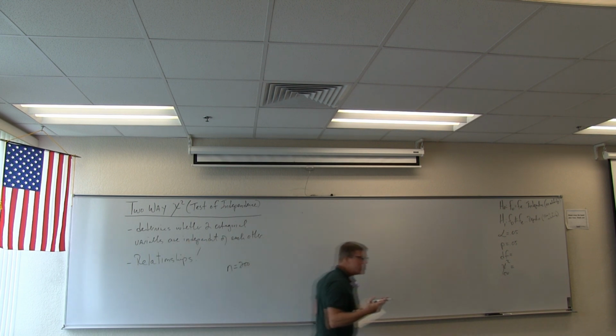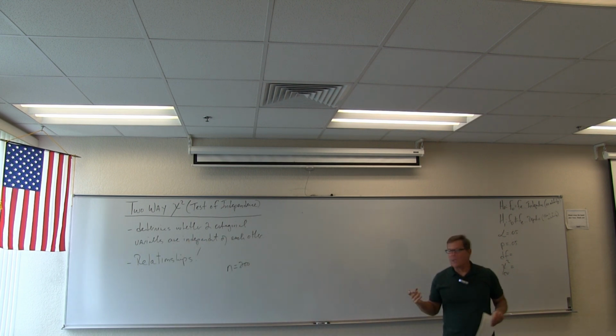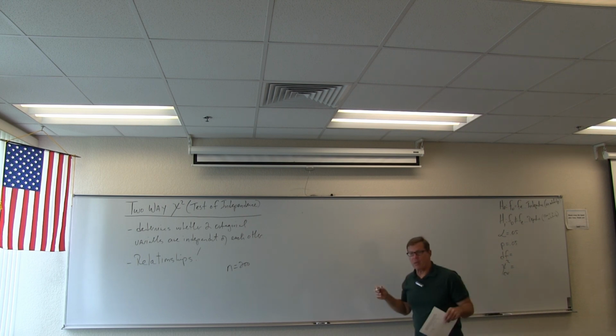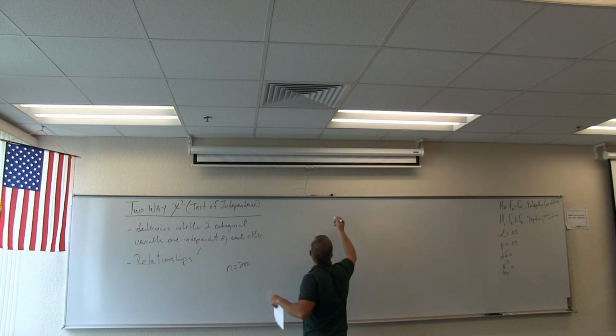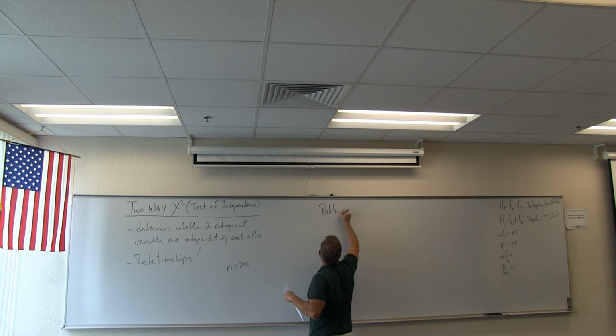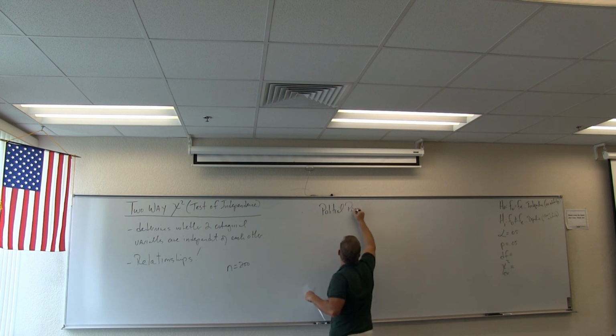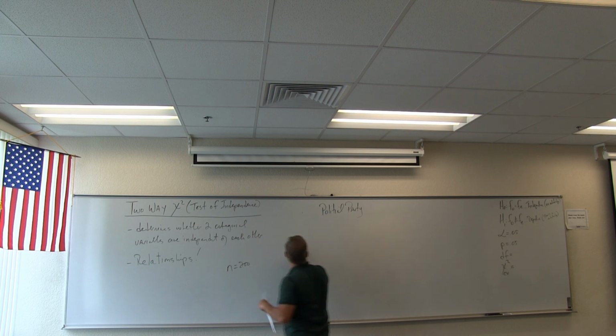The question becomes, is political party dependent on age, or is it independent of age? We all think that the majority of young people claimed to be Democrat back then. But we have two variables. We have political party and age.